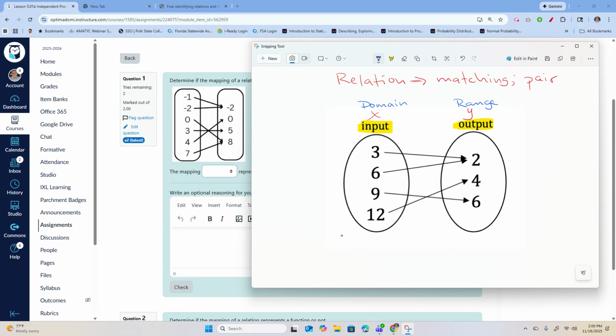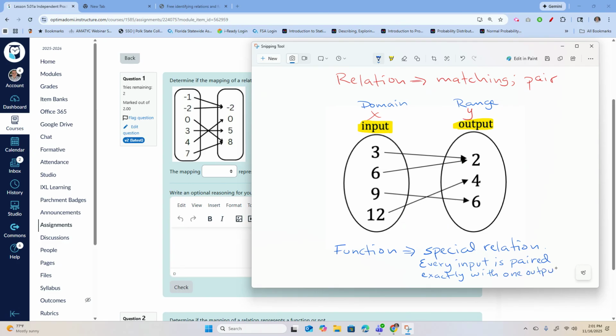And we want to find out if this relation, this matching, this pairing, is a function. And what is a function? It's a special relation. And what is so special about this relation? That every input, or every X value, or every domain value, is paired, matched, exactly with one output value.